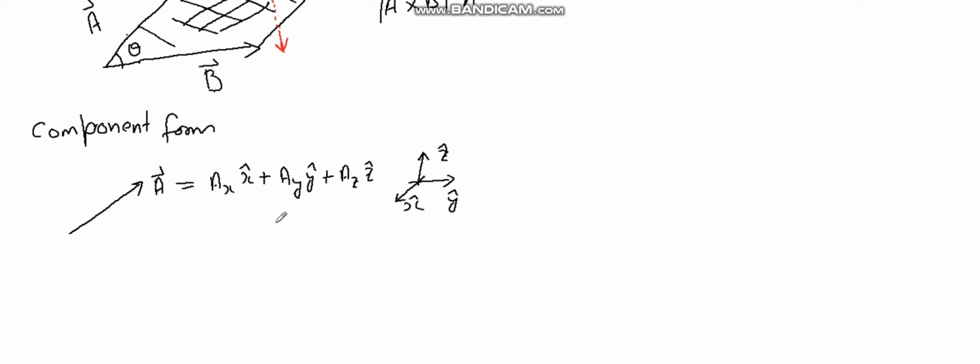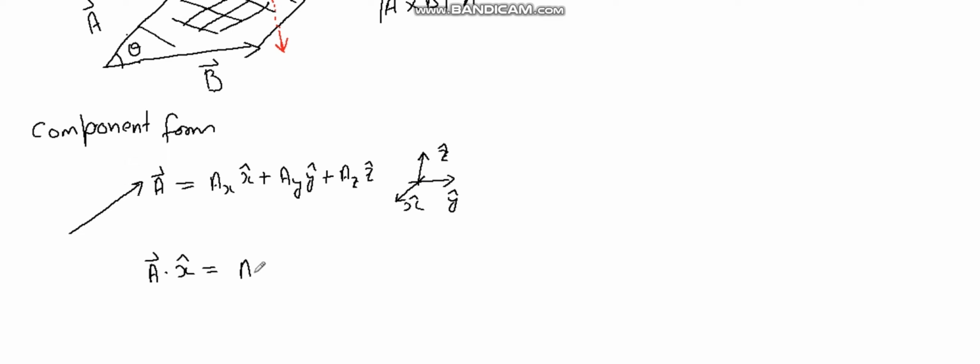So what are Ax, Ay and Az? We can take the dot product of A with the x cap vector, the unit vector representing the x direction.